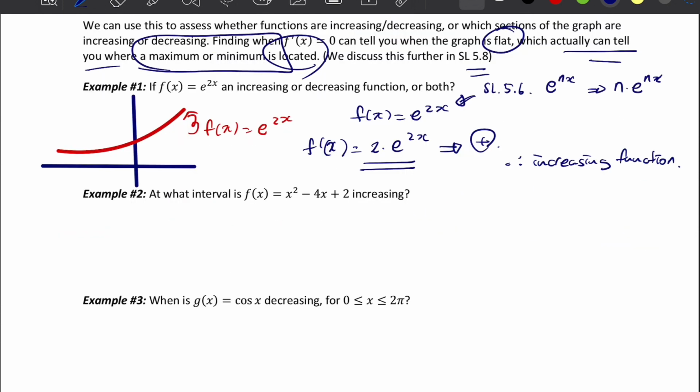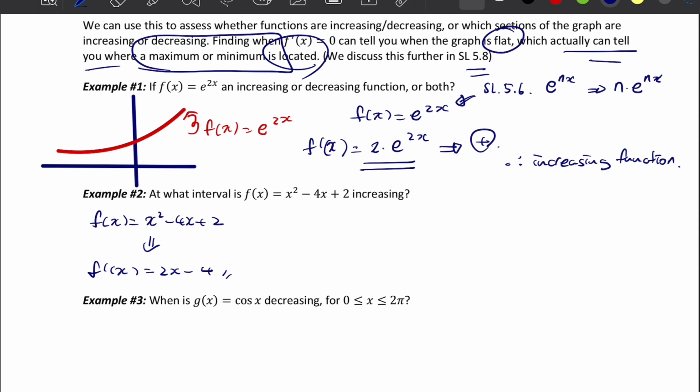Example number 2 is asking us at what interval the function f of x equals x squared minus 4x plus 2 is increasing. So we know that f of x equals x squared minus 4x plus 2. When we differentiate, this becomes 2x minus 4.